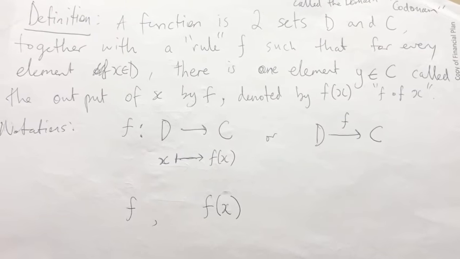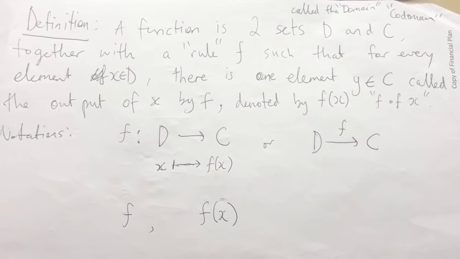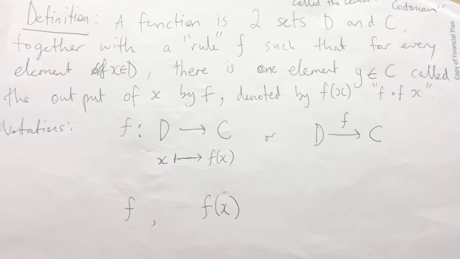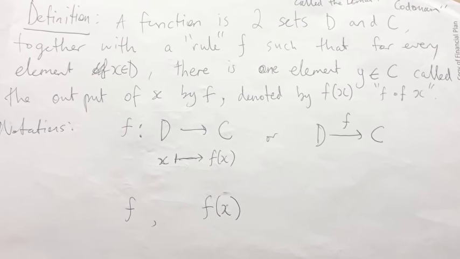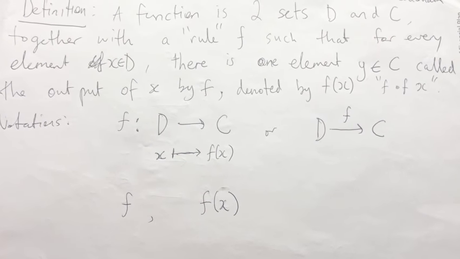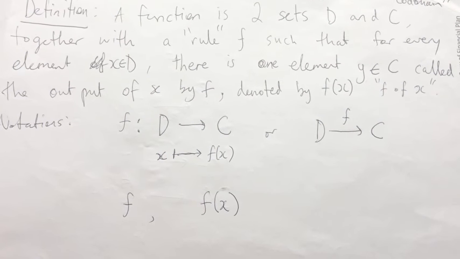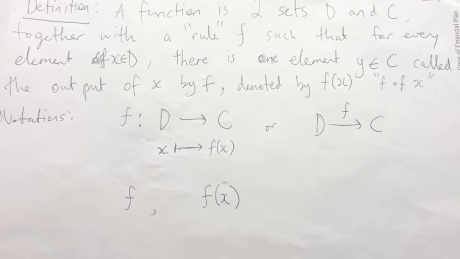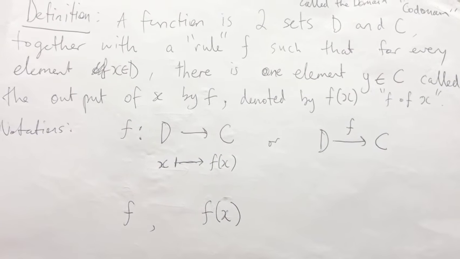Okay? And so that's what we're focusing on. And I think it's particularly important to have a domain because if you don't have the set of inputs, and the fact that it's a set is really saying that the inputs need to be very well defined to go into this rule.